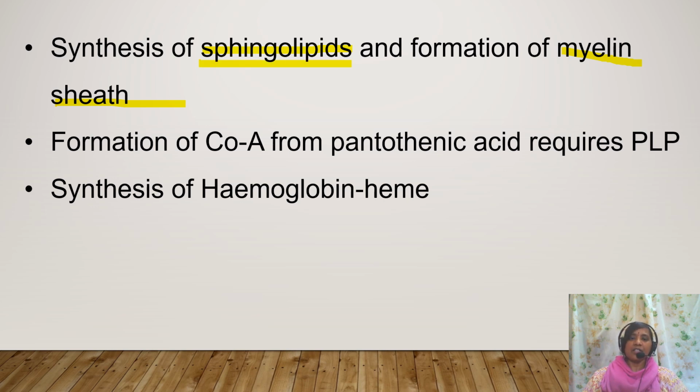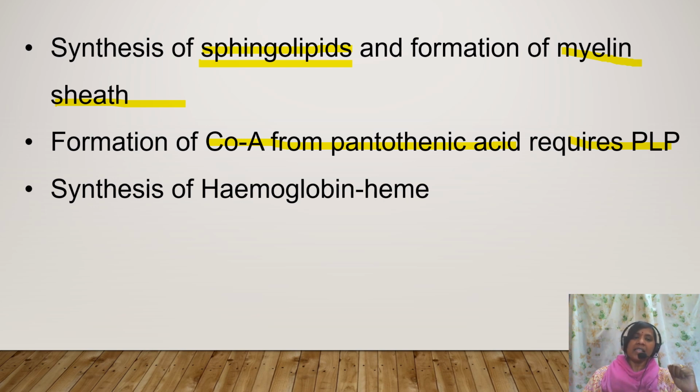So synthesis of sphingolipids also requires PLP. Then the formation of coenzyme A. Just now we were talking about coenzyme A, which is the coenzyme form of vitamin B5, or pantothenic acid. The synthesis of coenzyme A from pantothenic acid requires PLP.